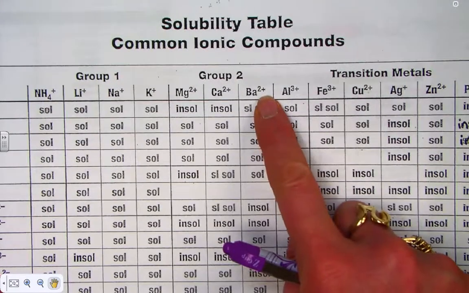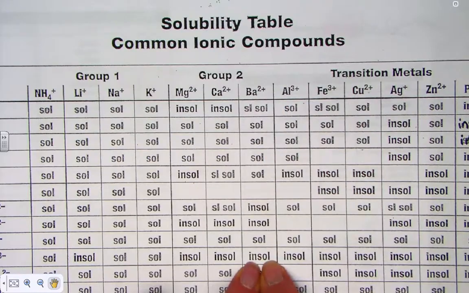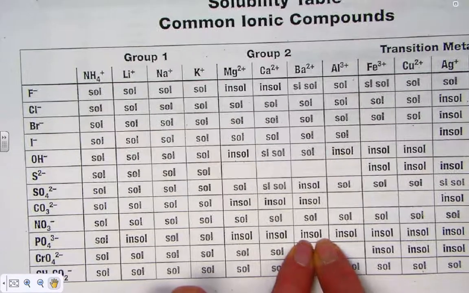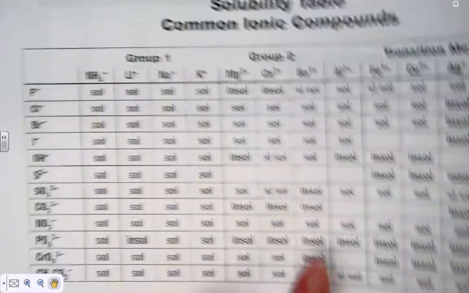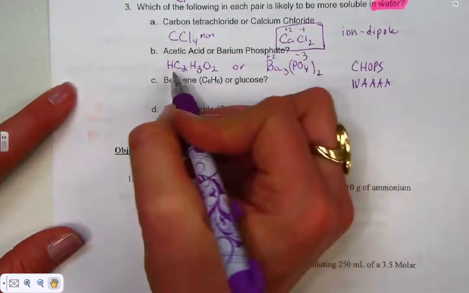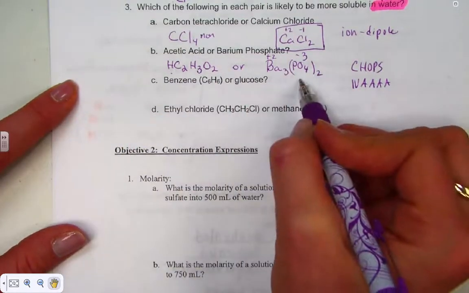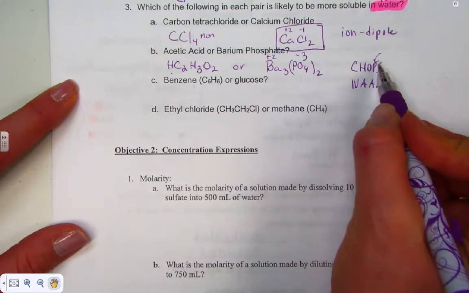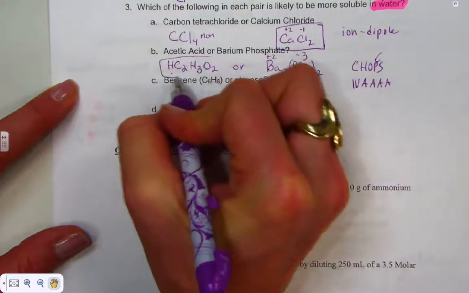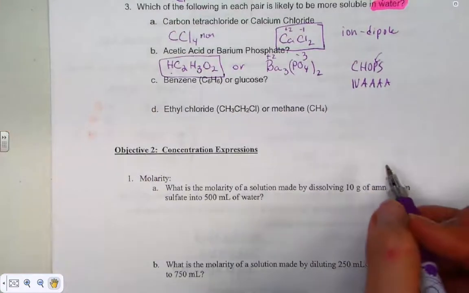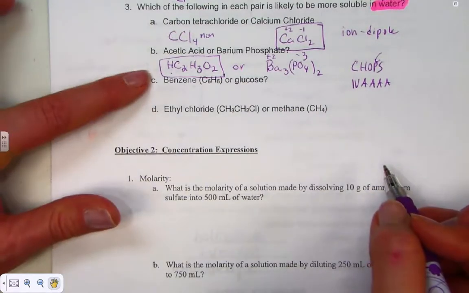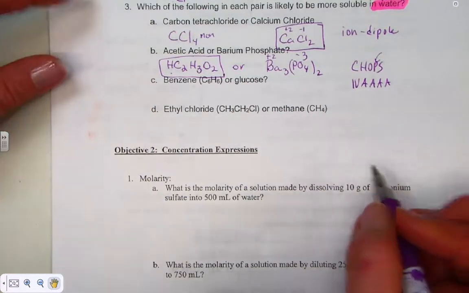When I check out my solubility table, barium phosphate is indeed insoluble. Acids are always soluble. Barium phosphate happens to be the P in CHOPS, the phosphates, so the acetic acid is water soluble. Now it's a weak electrolyte, but it is indeed water soluble.